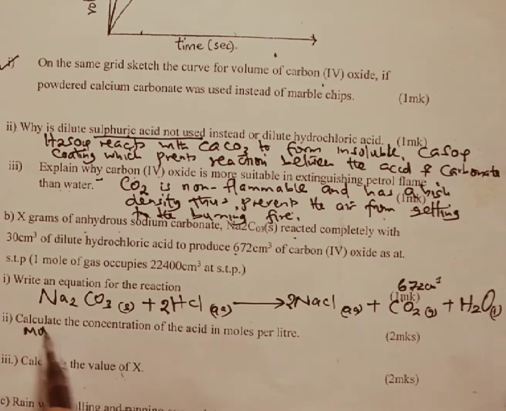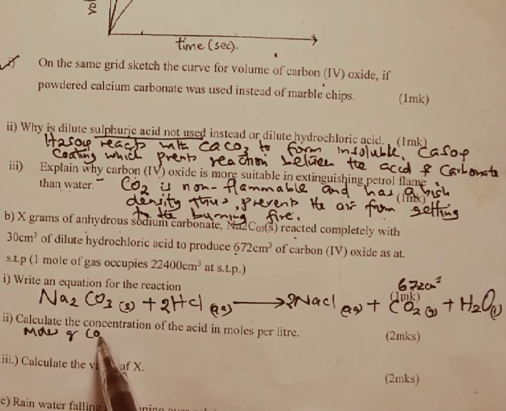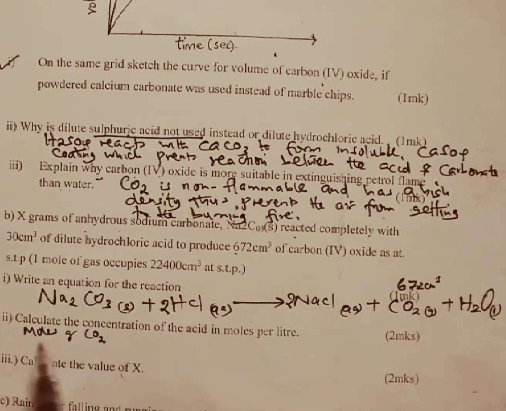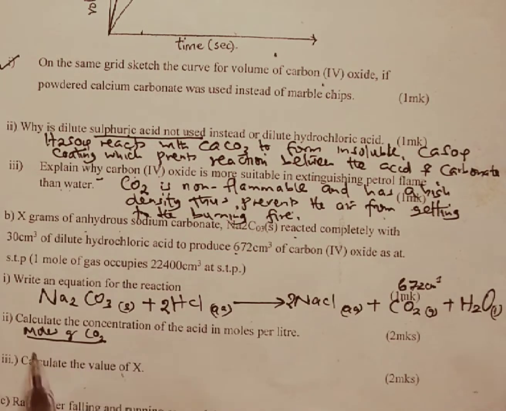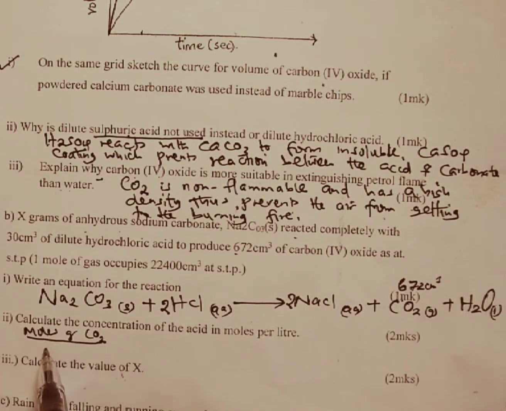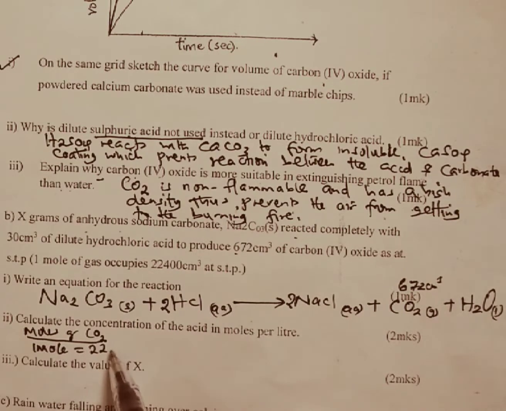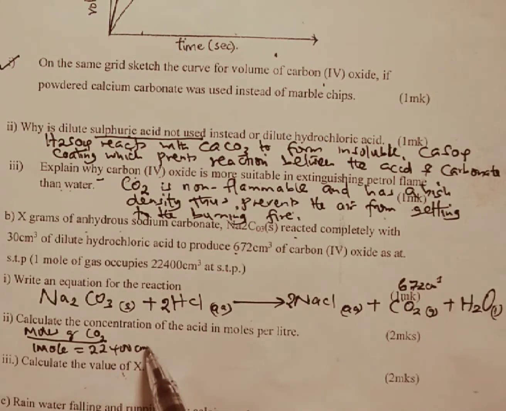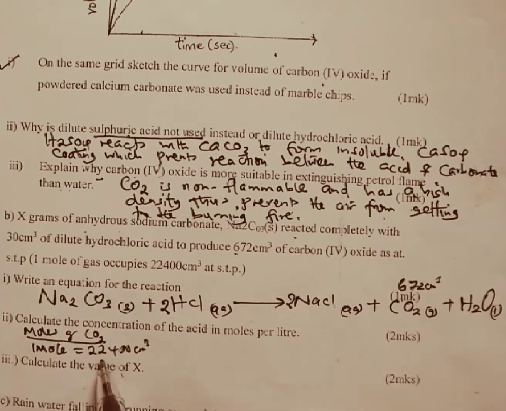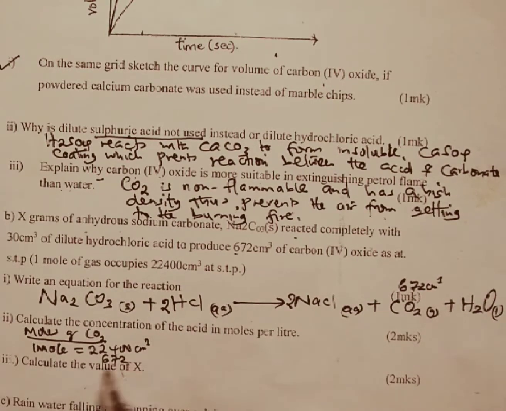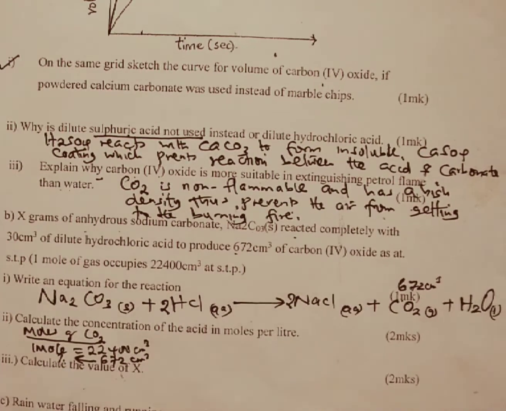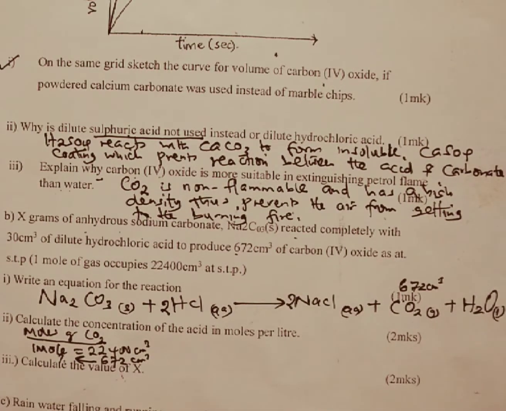So moles of carbon 4 oxide, first, we know that 1 mole of a gas occupies 22,400 centimeter cubic. 672 centimeter cubic will occupy how many moles?